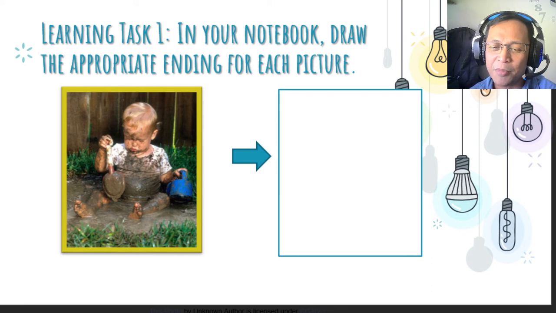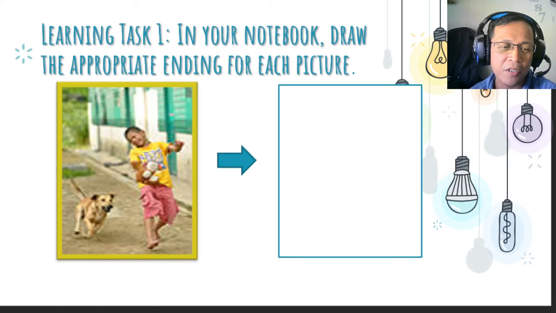We have the fourth picture, and this would be the last picture. We have here a picture of a boy running away from a dog. What do you think will happen next?